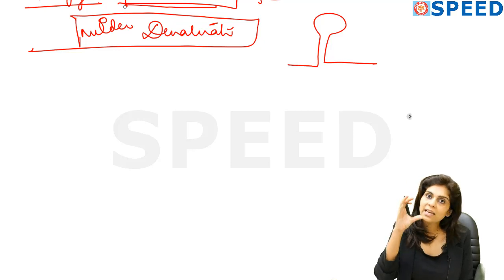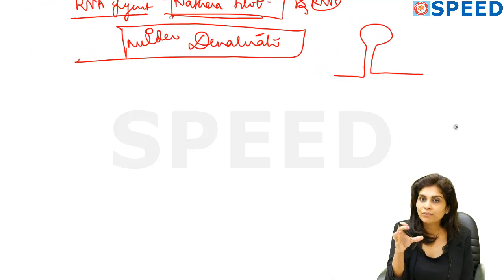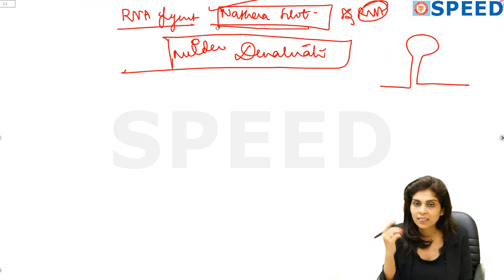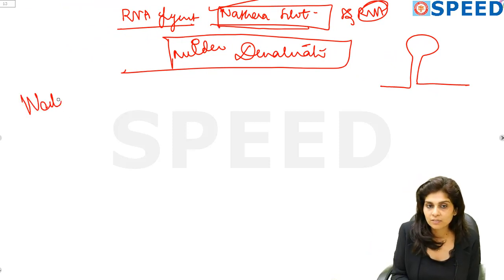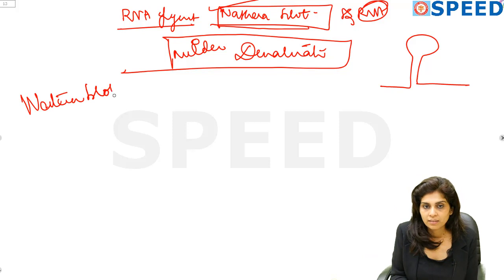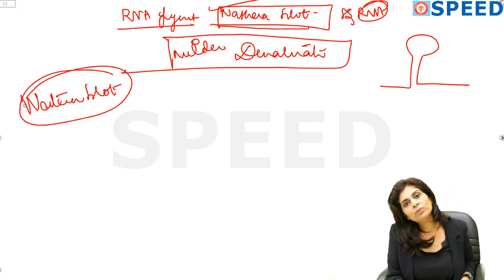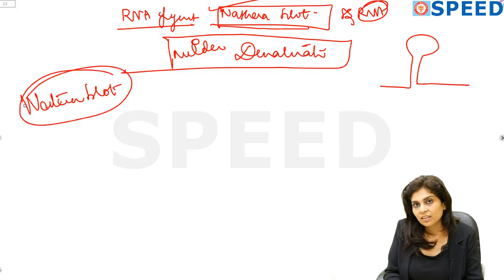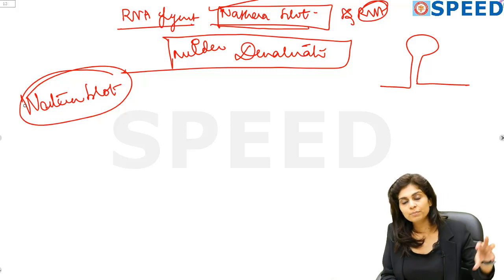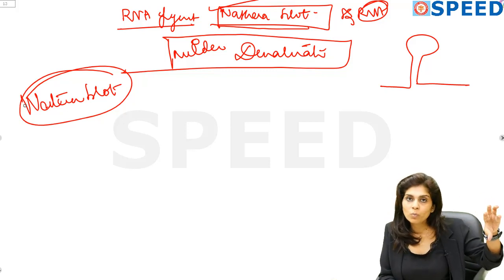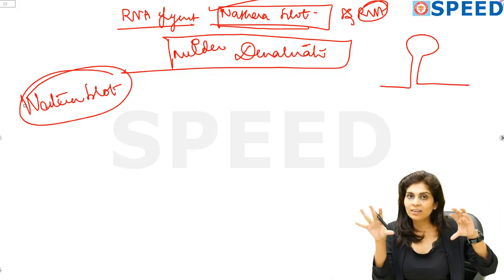And if you're using the same principle, but for identifying an unknown protein, that is called as western blot. So what do you think is the difference between southern and northern blot on one hand and western blot on the other hand?